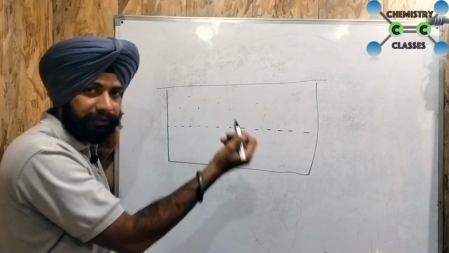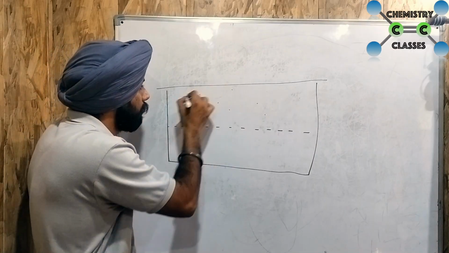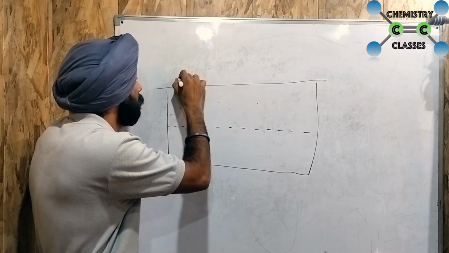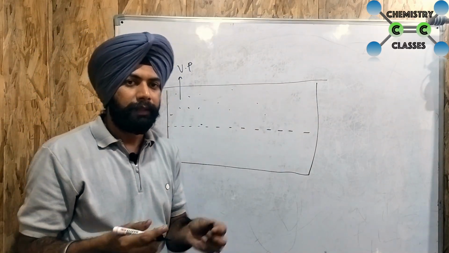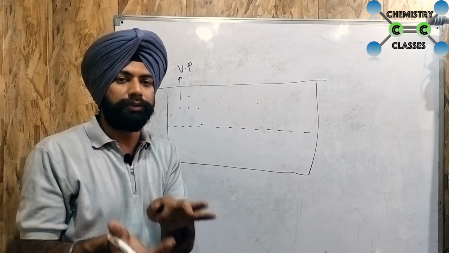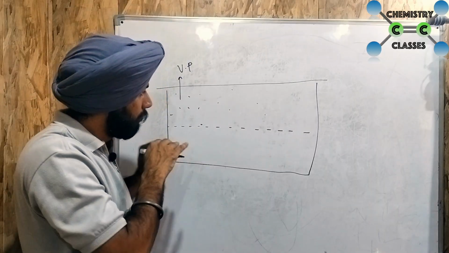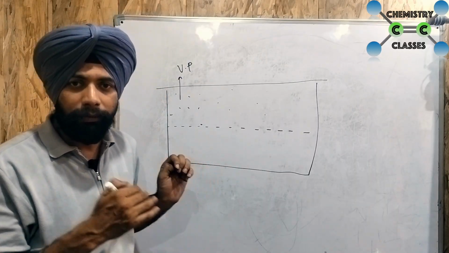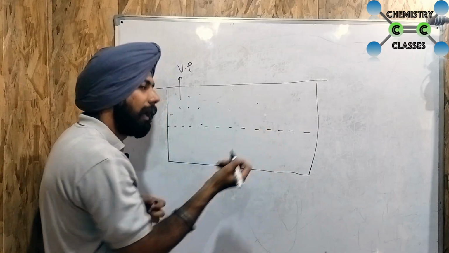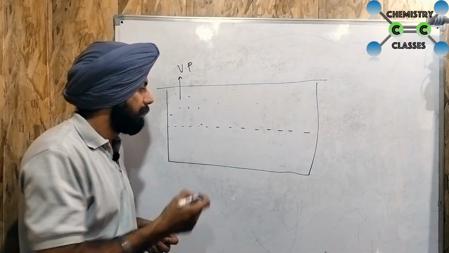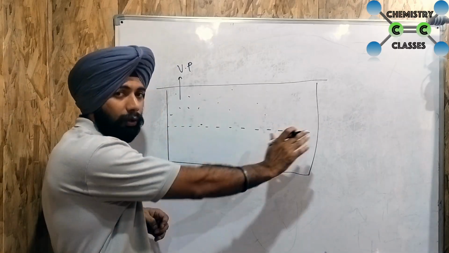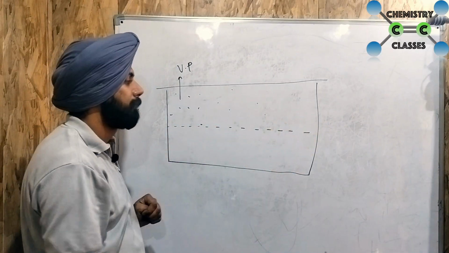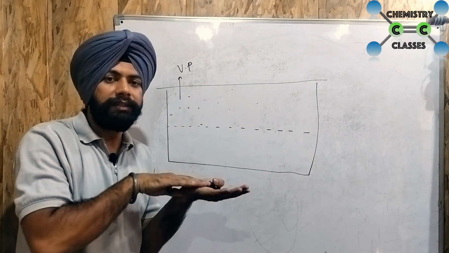And the equilibrium pressure which we get here because of the vapors would be called the vapor pressure of the liquid. So every liquid will have a vapor pressure when it is in a closed chamber. Whenever we are talking of vapor pressure, we generally assume, and it is in fact true also, that the surface of the liquid is flat. If we take a very long cylinder like this, the surface of the liquid remains flat.